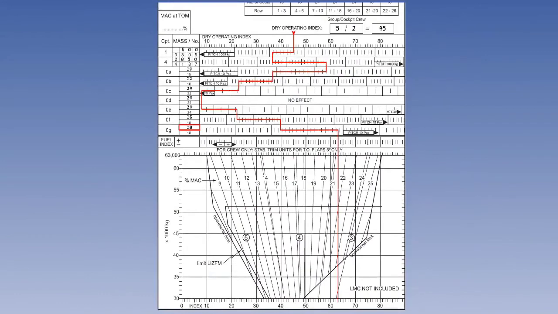The final entry for the passenger load is in box OG. Enter 16 and move right from the vertical line 16 units and drop an extended vertical line through the fuel index line and continue into the centre of gravity envelope. At this point, we have established the zero fuel mass index.